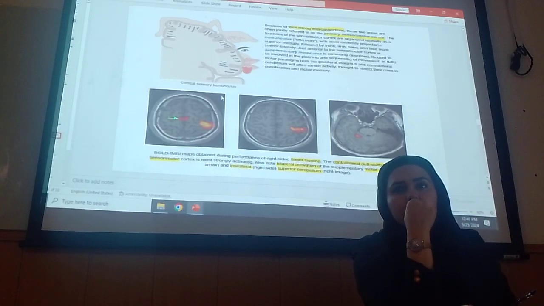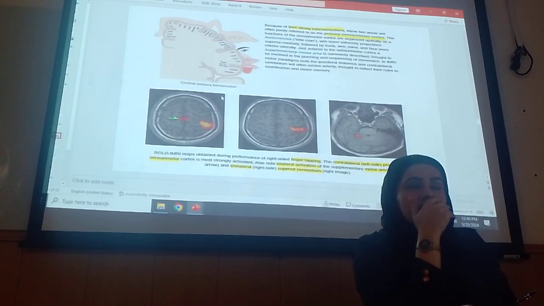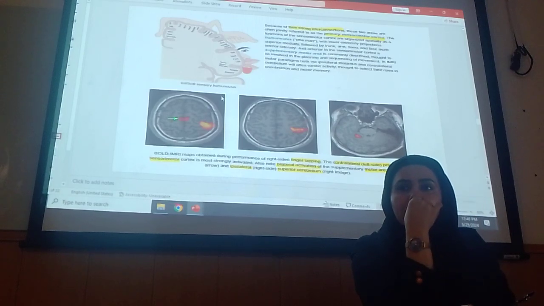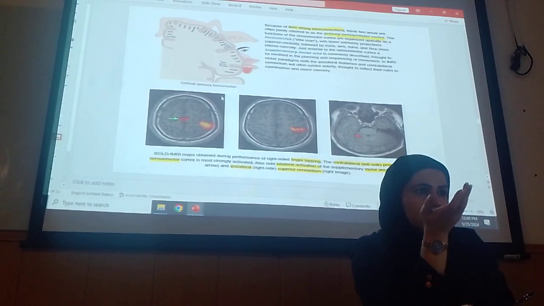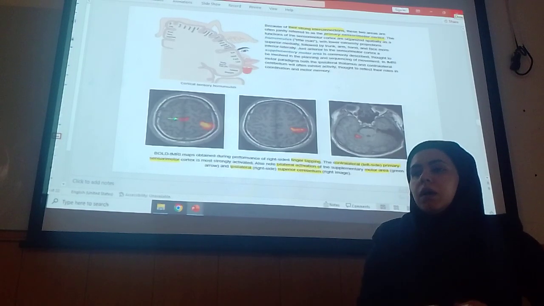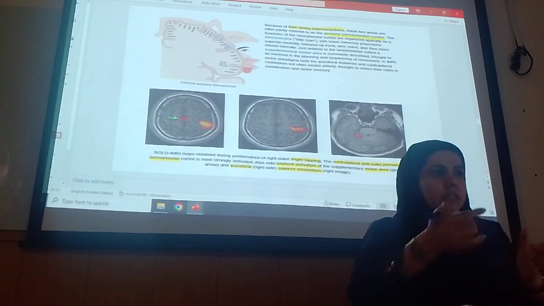It's very important for surgeons to know the activated area regarding the motor cortex, because he wants to have a surgery.